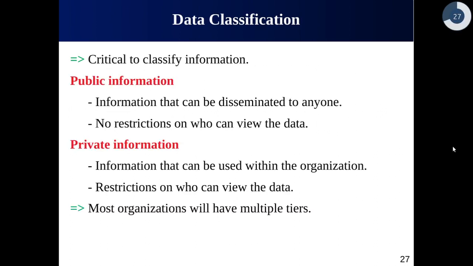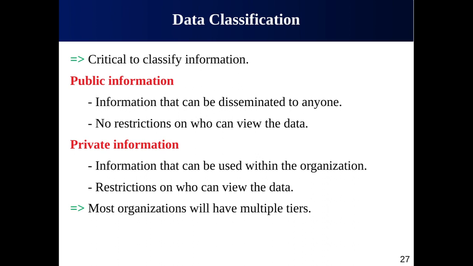And then data classification. This is related to public information and private information. So it is critical for organizations to classify the information within their organizations. This process is very common in defense department related agencies and organizations, but it is less common in the civilian sector.